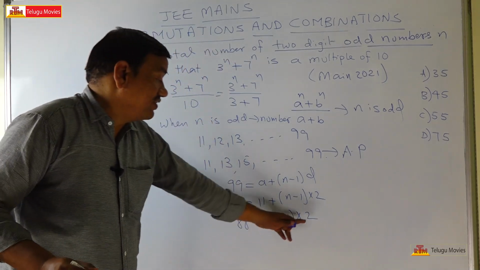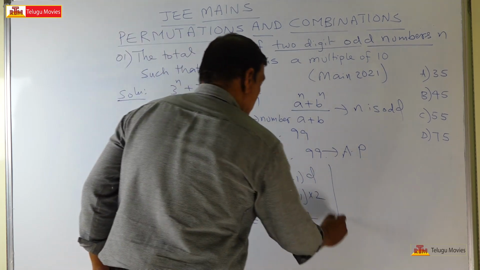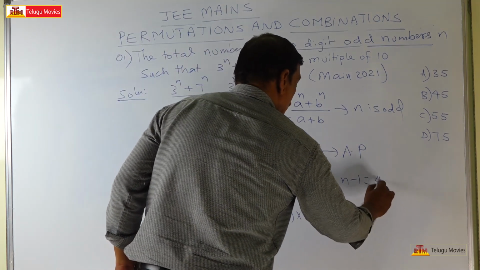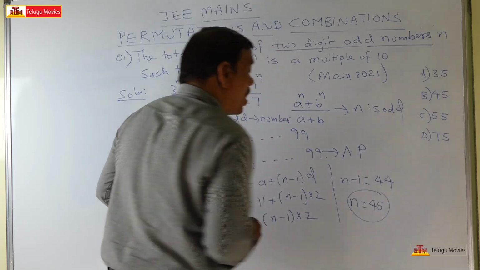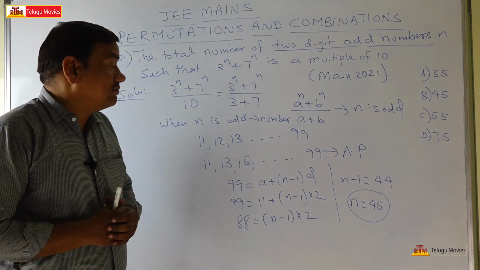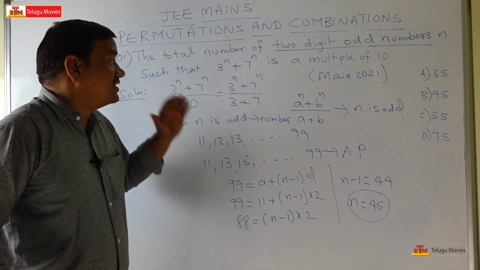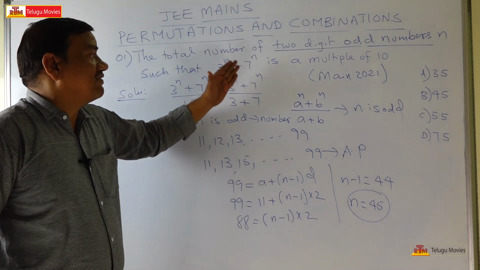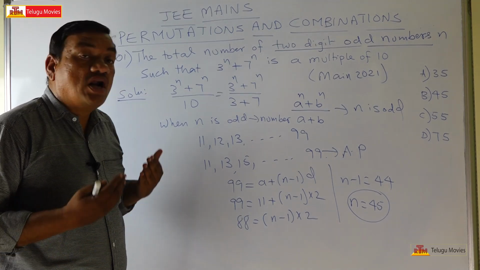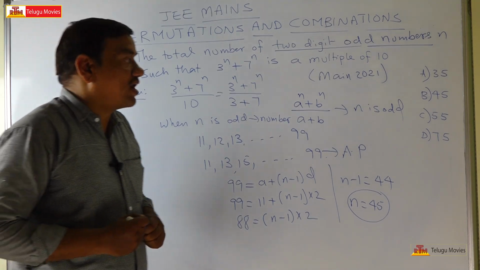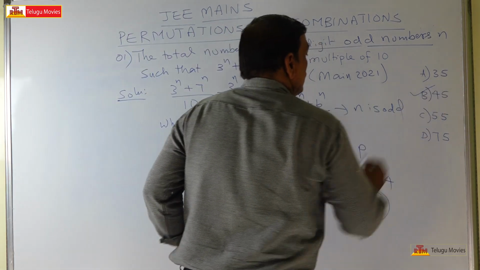Dividing by 2, n minus 1 is equal to 44, so n is equal to 45. So 45 numbers satisfy that 3 power n plus 7 power n is a multiple of 10. Our answer is option B, 45.